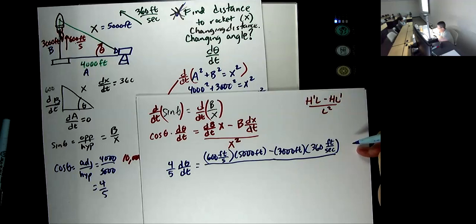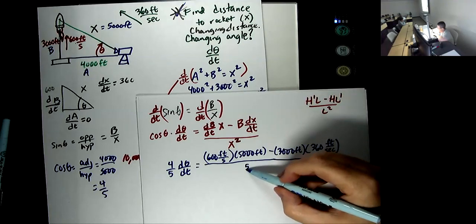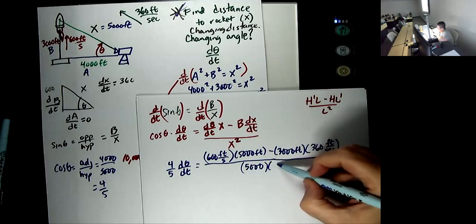And I have x squared, which is 5,000 feet times 5,000 feet.